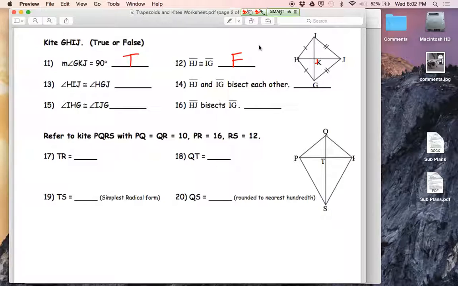Angle HIJ is congruent to angle HGJ. That is true. HJ bisects IG? Oh, they bisect each other. That is false. Only IG is cut in half. HJ is not cut in half. Okay, angle IHG is congruent to IJG. That's false. And HJ bisects IG. That is true.